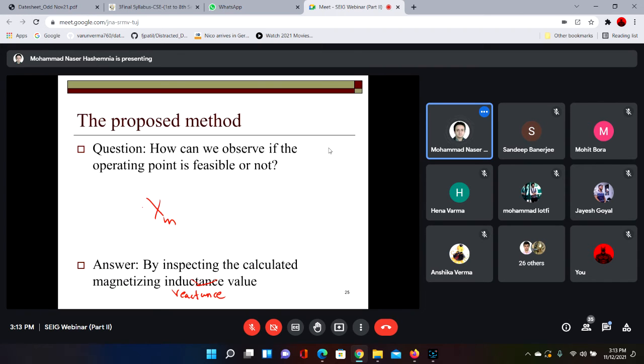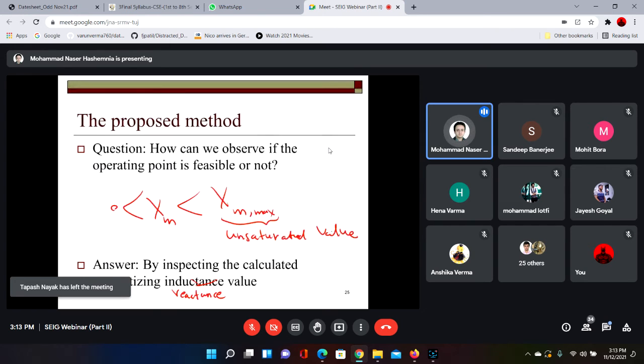Xm max is the unsaturated value. So you know that if you have saturation, then the reluctance increases and the magnetizing inductance and the magnetizing reactance decrease. So you will have this constraint.